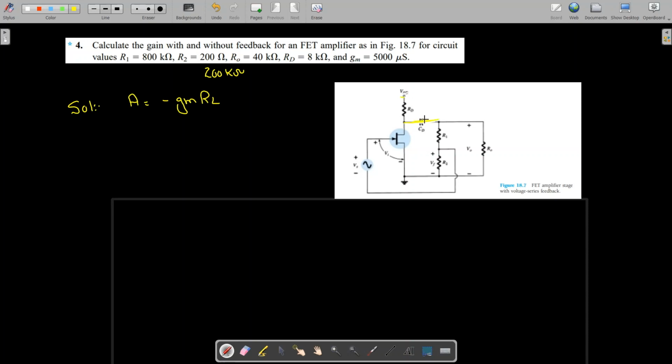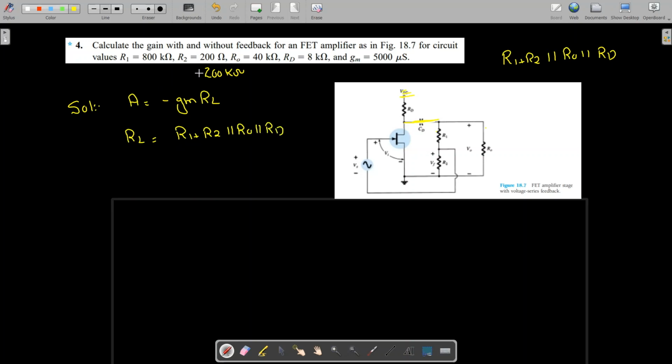So we are going to have a short over here and a ground over here. Now when this happens, we are going to have R1 plus R2 parallel to R0 parallel to RD. Now this is basically your resistance RL.